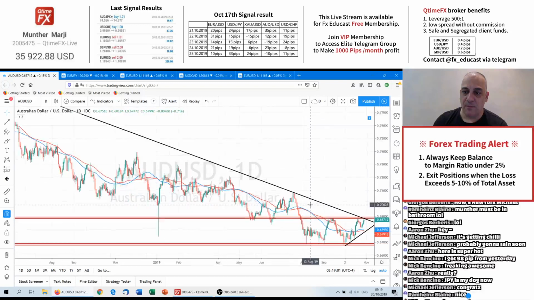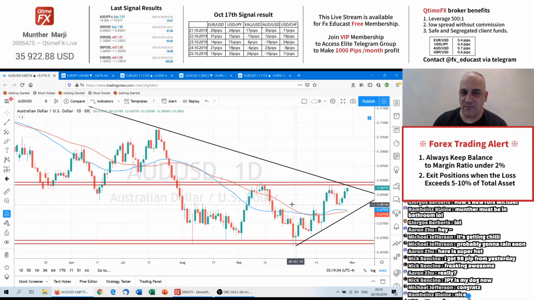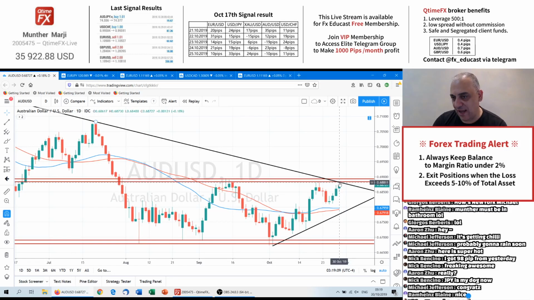But the thing is, look at this. Where is it? It is running today around 82, something like that, which is around 10 pips below the previous bottom. This is amazing.